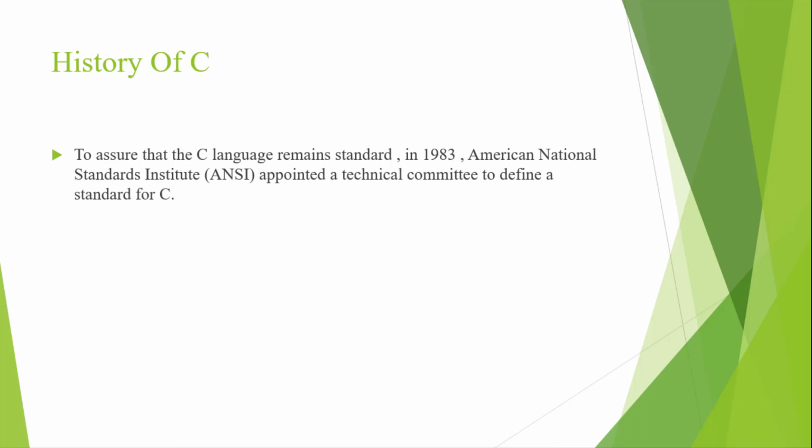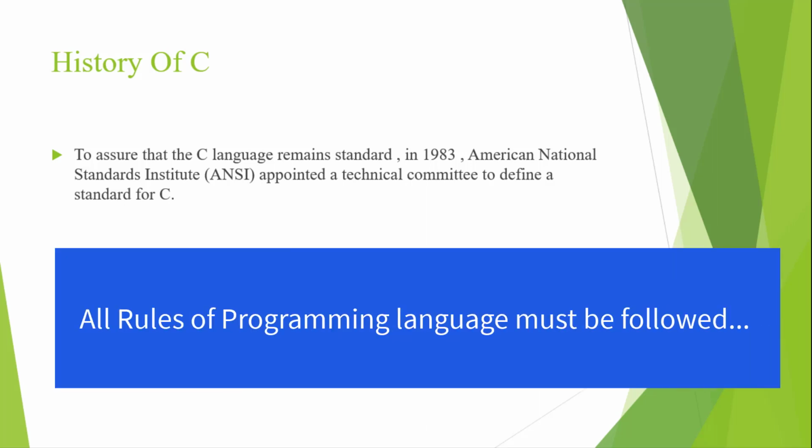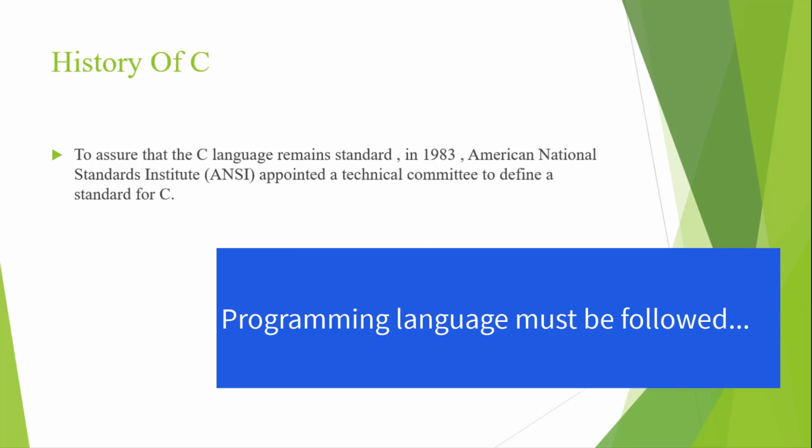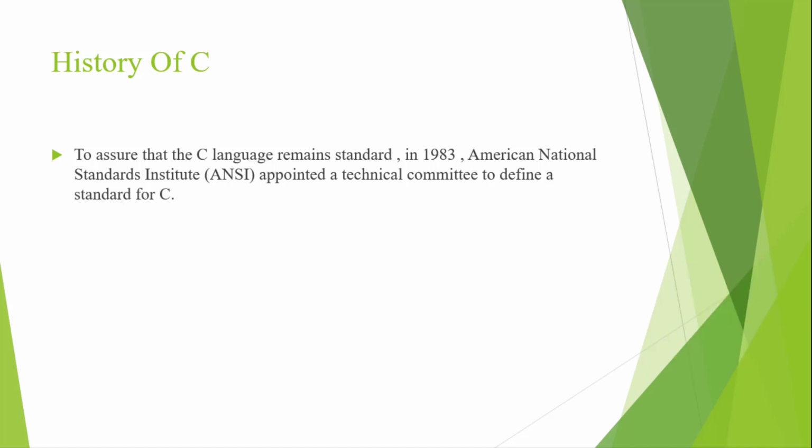To ensure that the C language remained standard, in 1983 ANSI appointed a technical committee to define the C standard. A standard should be there, and all the standards should be followed.